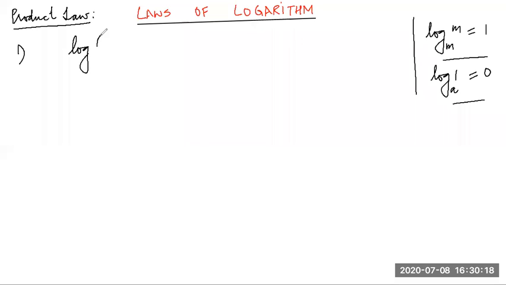Log of any number whose factors are m into n to the base a, and the base should be non-zero, is equal to log of m to the same base plus log of n to the same base.